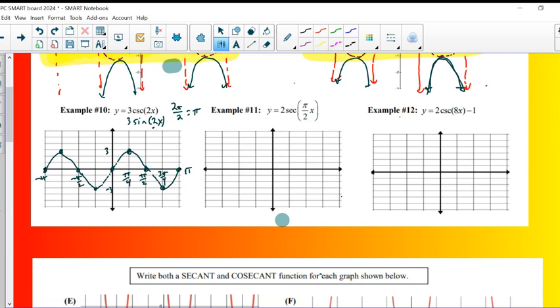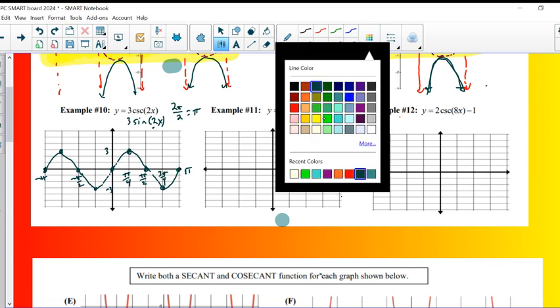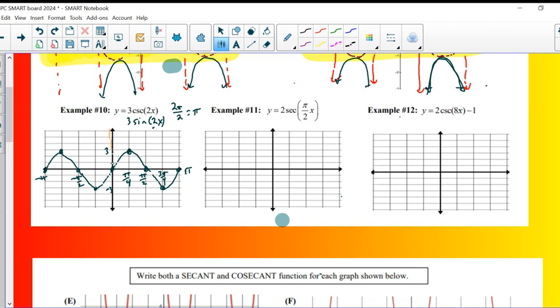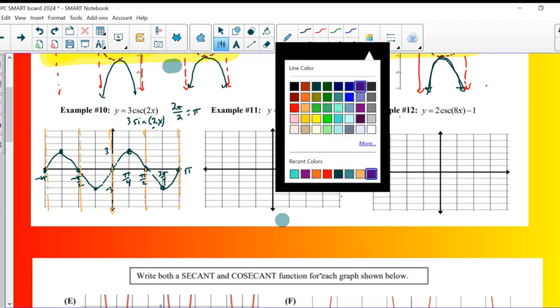And then what we'll do is we'll draw vertical asymptotes. So wherever it crosses the 0, that gives rise to our vertical asymptotes for this cosecant function. And then we just draw in the u's that touch the tips and the valleys of the actual sine function.